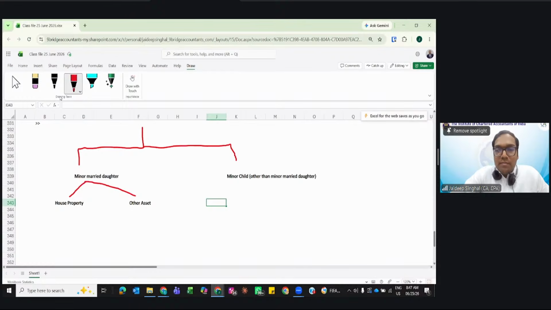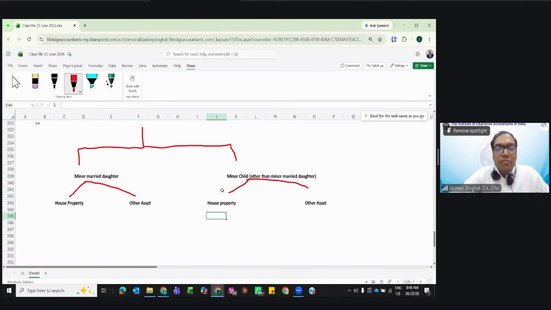Now, again, same here. You have studied section 27. Now you need to apply it. It is a case of house property and other asset. If it is a case of a normal minor child other than a minor married daughter, and this is a case of house property, will clubbing apply?